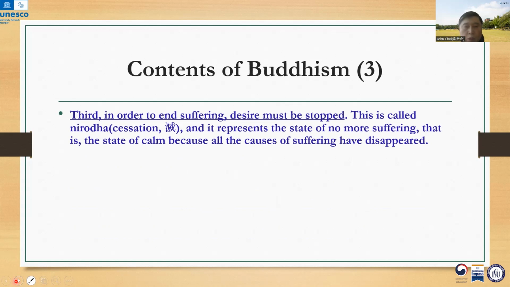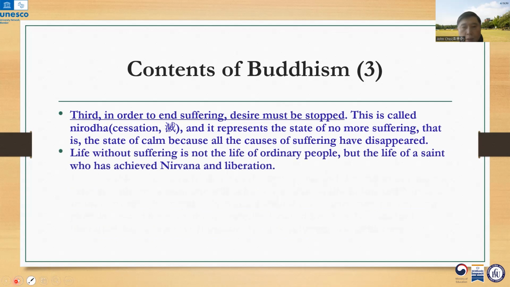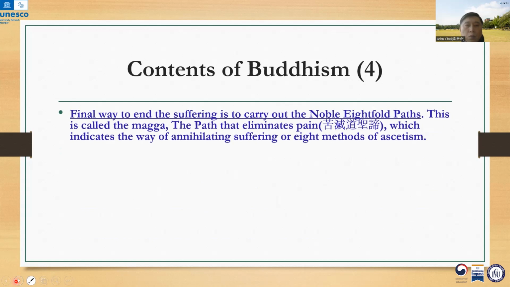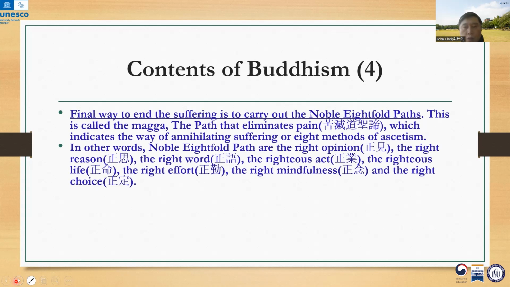Thirdly, in order to end our suffering, we should stop our desire, and I explained that in detail. The final way to end the suffering is to carry out the Noble Eightfold Path. It is a very concrete methodology, discipline, and practice.